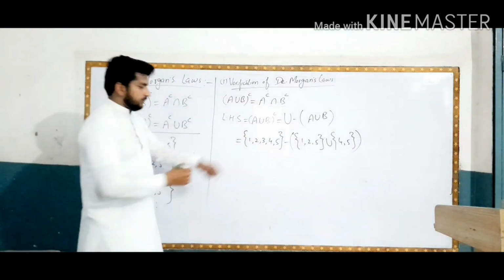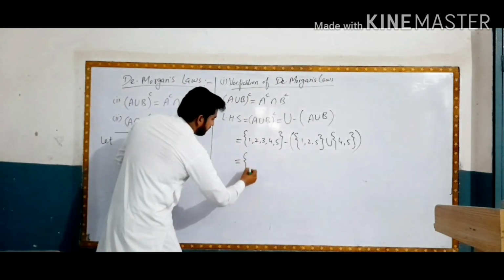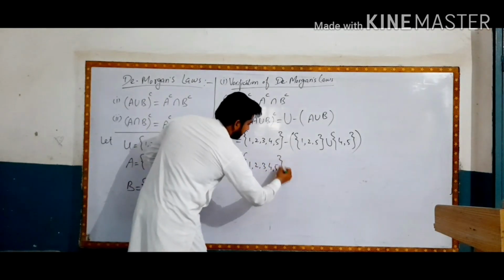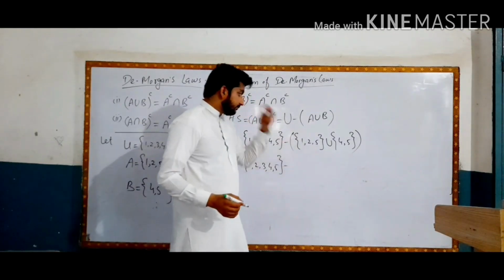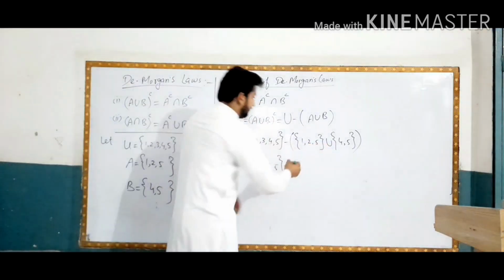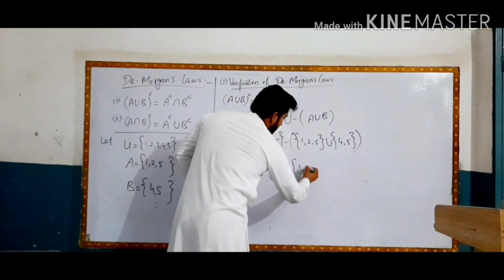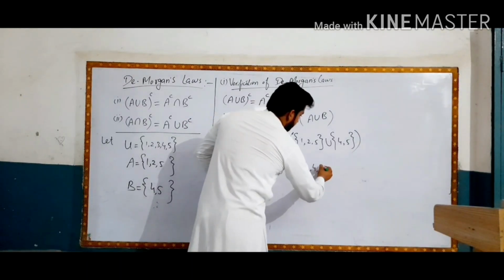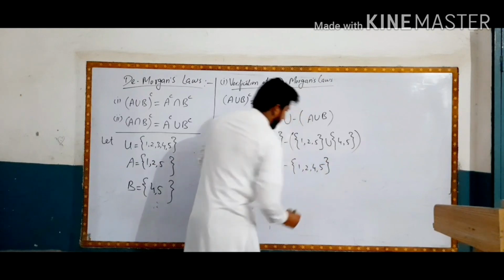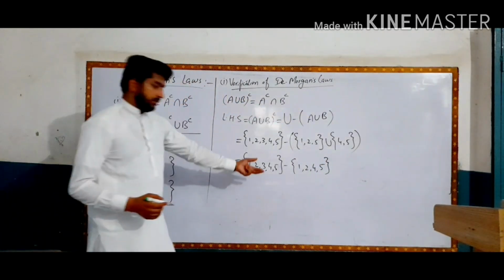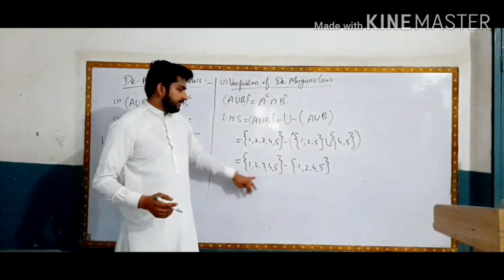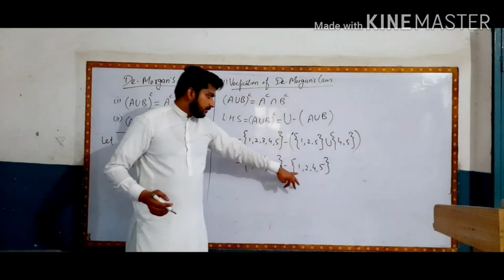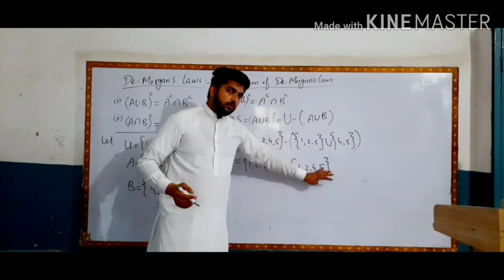After the union we have 1, 2, 4, 5. Now we take the difference of these sets from the universal set 1, 2, 3, 4, 5.